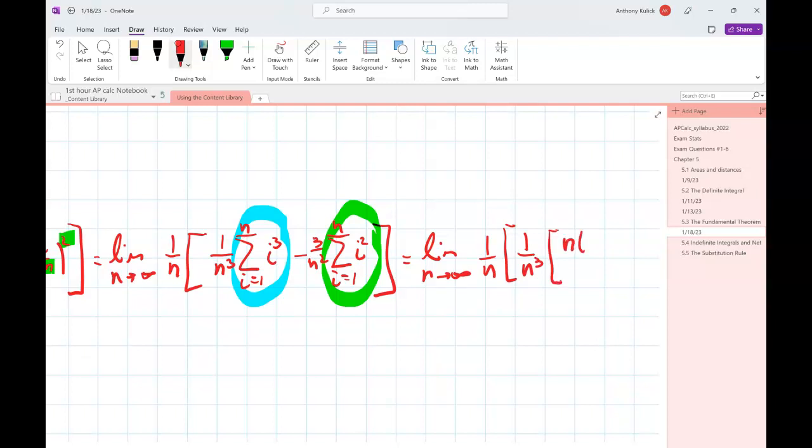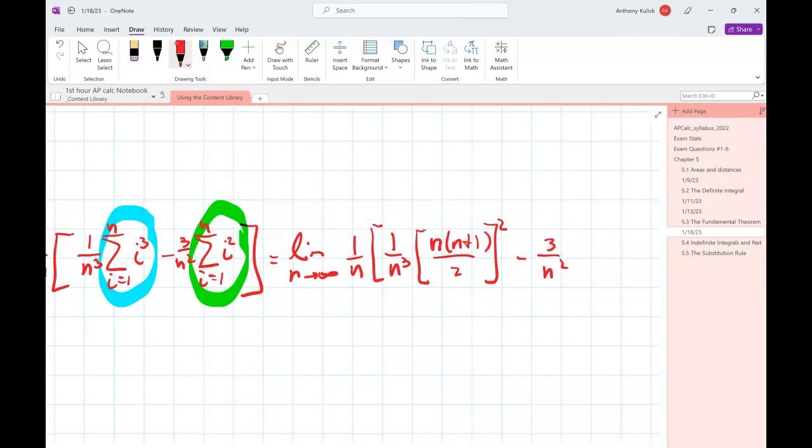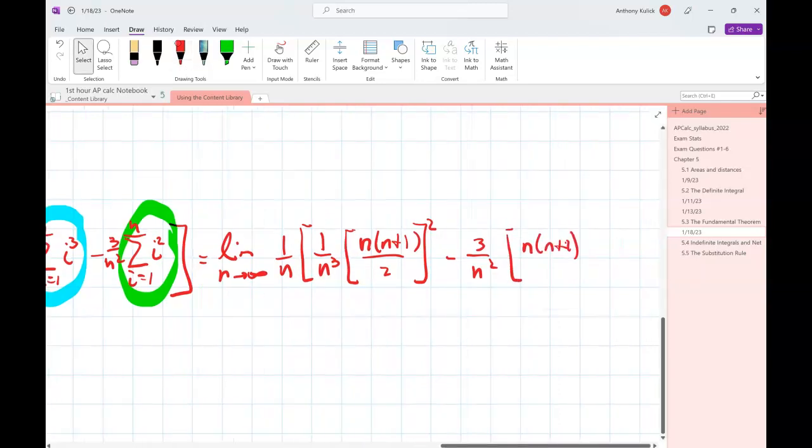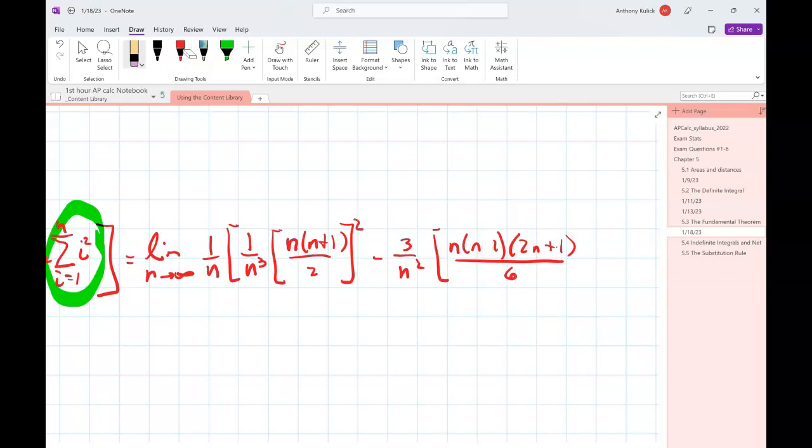This is n times n plus 1 over 2 squared. And then the sum of i squared is n times n plus 1 times 2n plus 1 all over 6.